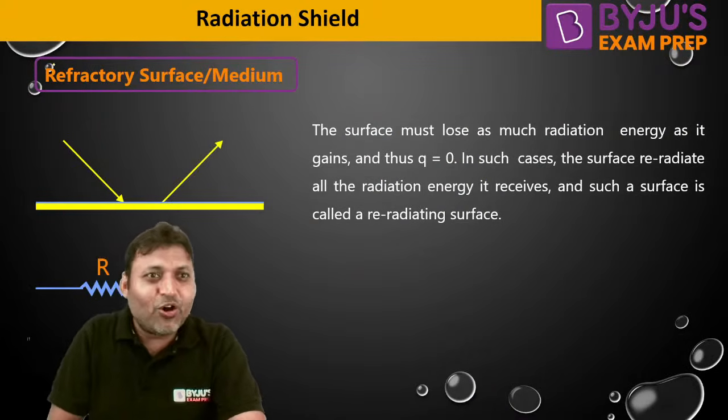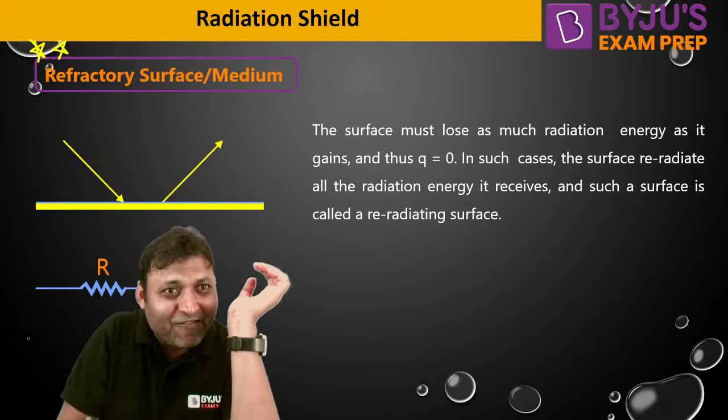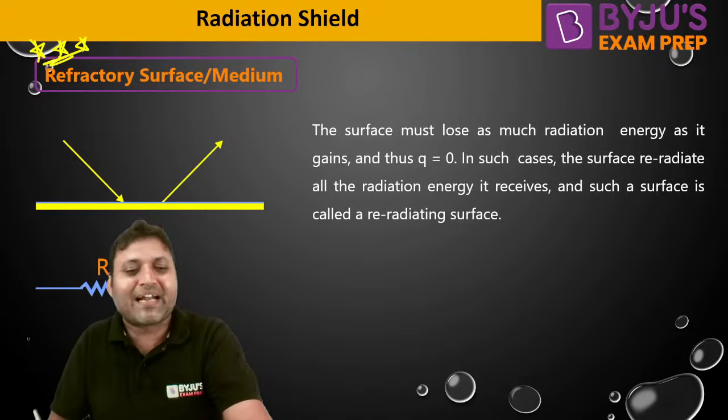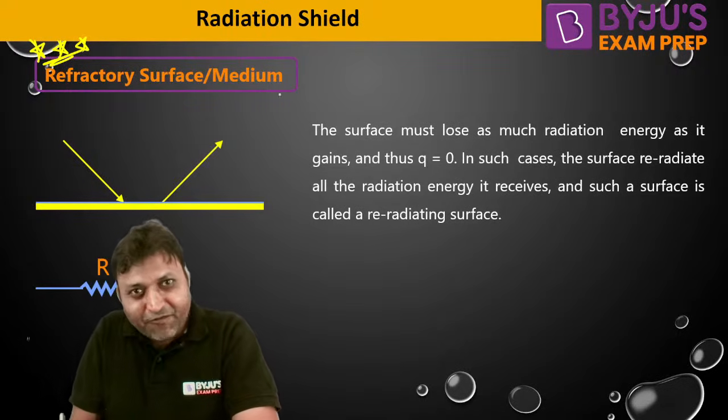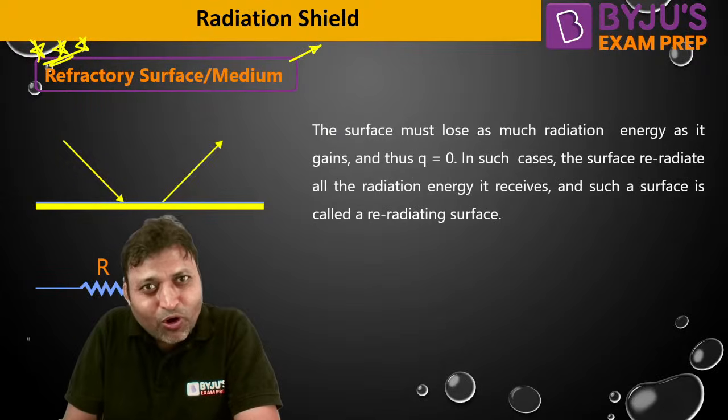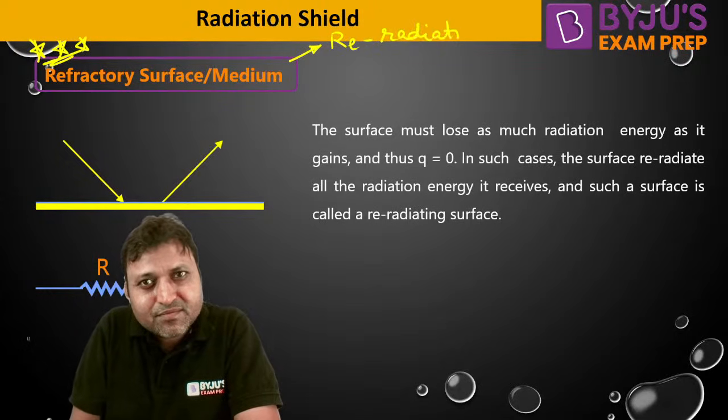Now let us continue our discussion. Let us move to the refractory medium or refractory surface. The refractory surface is also called a re-radiating surface. Do you know what is a refractory surface? It is also called a non-participating surface.